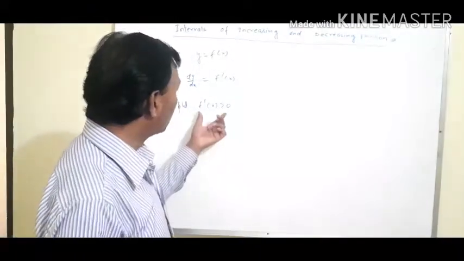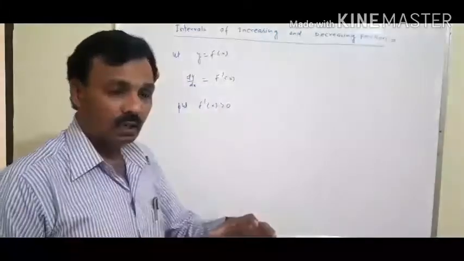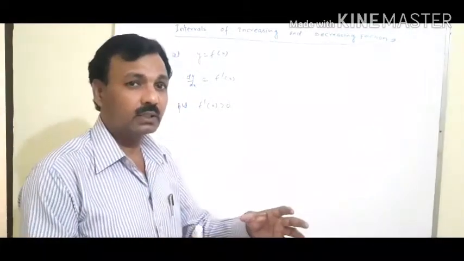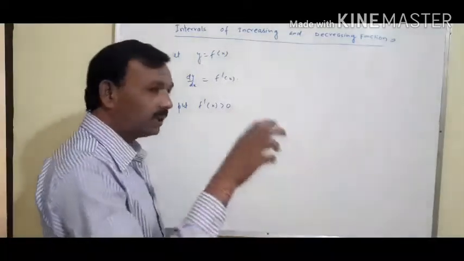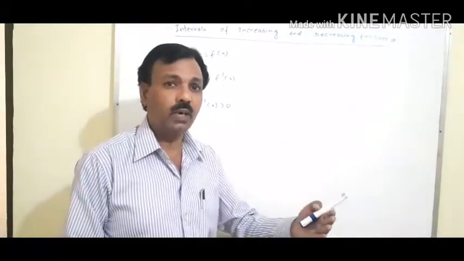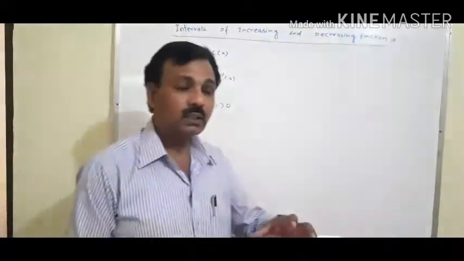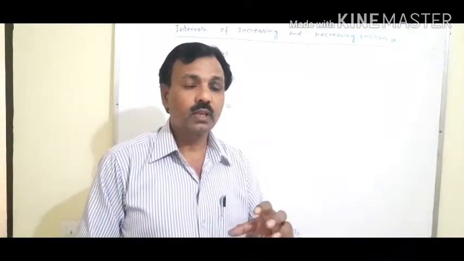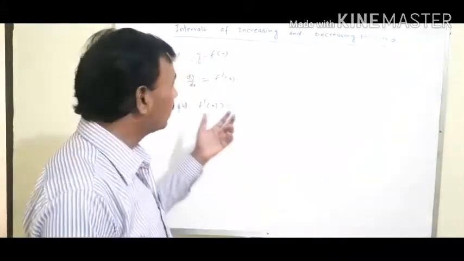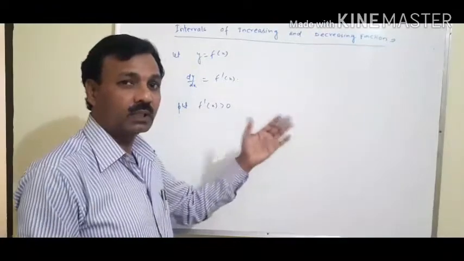That means if you put directly f dash of x greater than 0, then in whichever intervals of the number line f dash x is greater than 0, in those intervals this function will be increasing, and in the remaining part that function will be decreasing. So from this condition you can get the intervals of increasing and decreasing together. Means you can find the intervals in which the given function is increasing and in which it is decreasing.